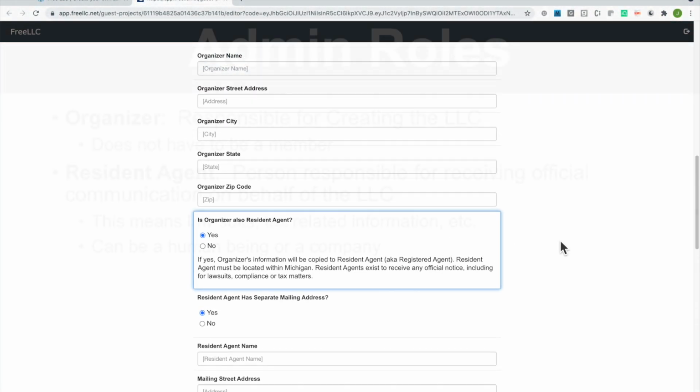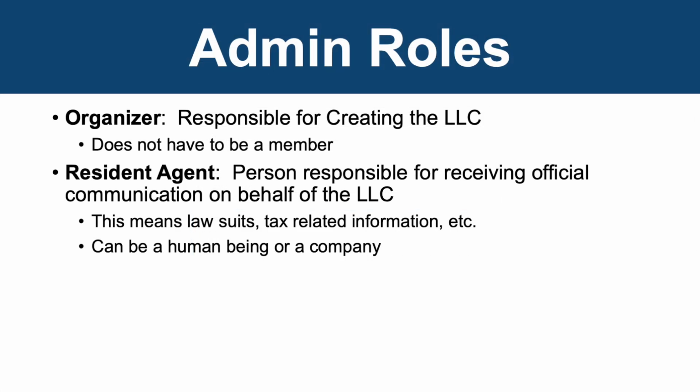Resident agent. So resident agent, by the way, other states call it registered agent, so you might see some instances of registered here. But in any case, that's the person that receives official notice, whether it be from the state or from the federal government, IRS, and most importantly, service of process, which means a receipt of document that starts the lawsuit.